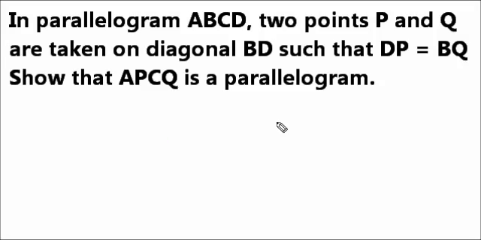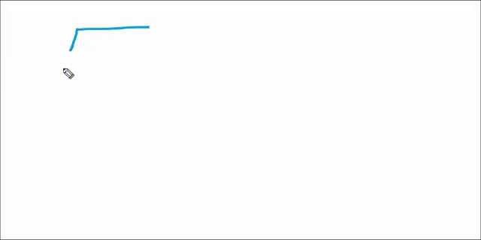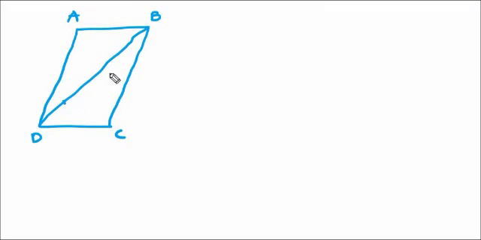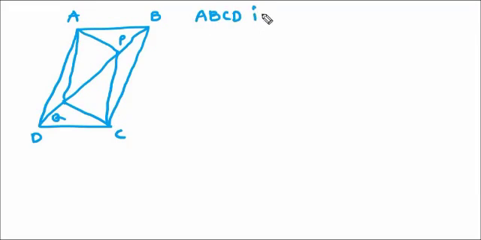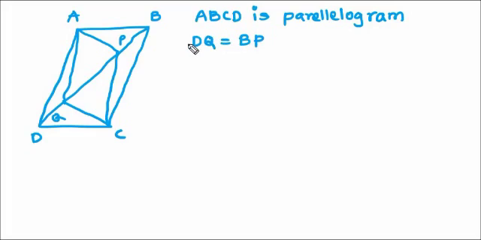In a parallelogram ABCD, 2 points P and Q are taken on diagonal BD such that DP is equal to BQ. Show that APCQ is a parallelogram. So given is, so this is what is given, and what we have to prove is APCQ is a parallelogram.